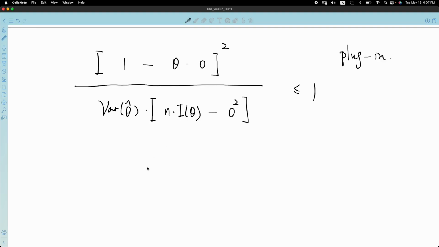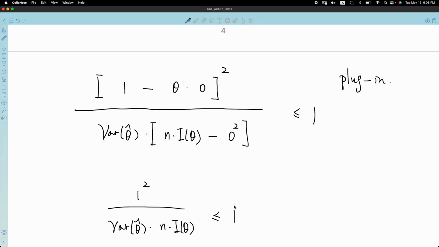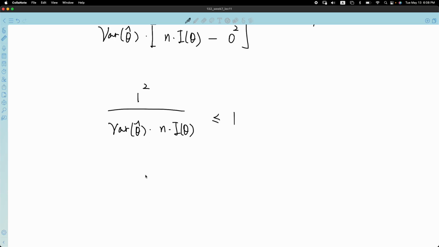Now let's see if we are able to get a bound for the variance of theta hat. So we have 1 squared over the variance of theta hat, multiplied by n copies of the Fisher information, less than 1. Let me multiply the variance of theta hat on both sides.